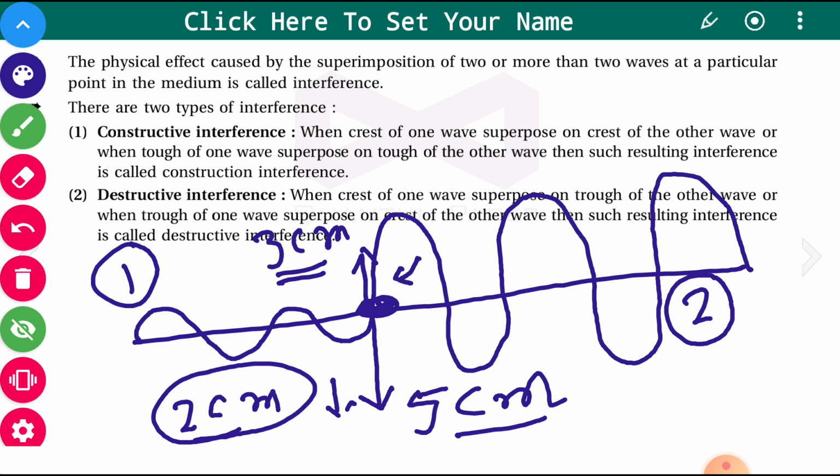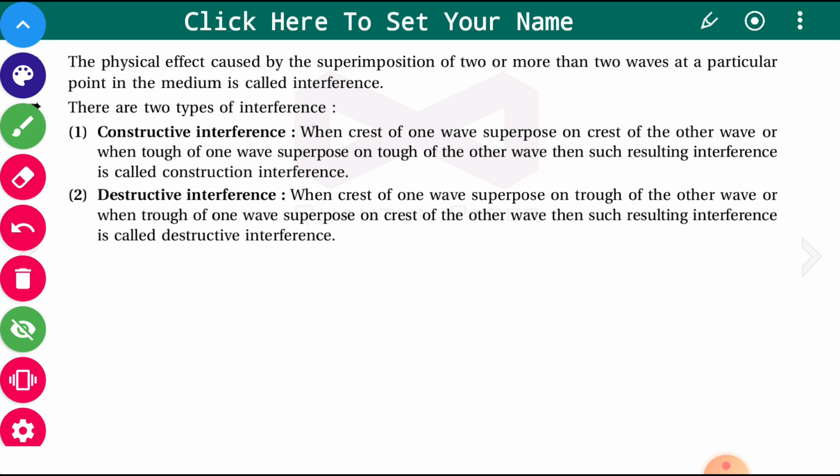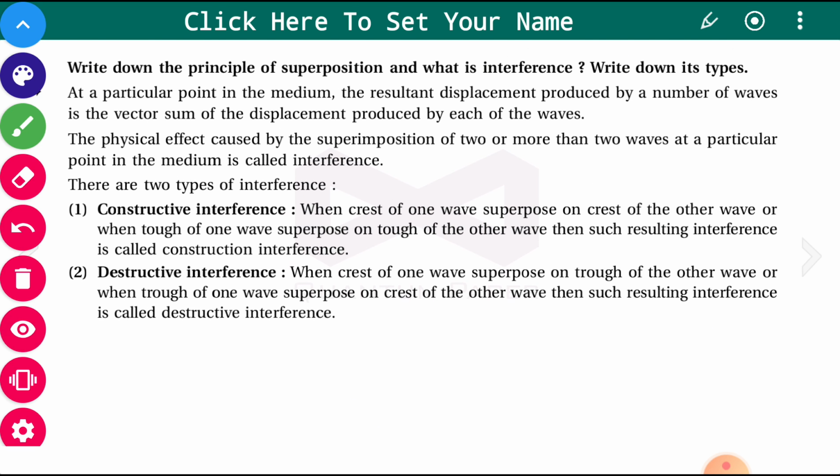So if two waves are reaching a point simultaneously, then the displacement of this particle is the resultant or rather vector sum of the displacement produced by each of the waves. The physical effect caused by the superposition of two or more than two waves at a particular point in the medium is the interference. Now there are two types of interference.